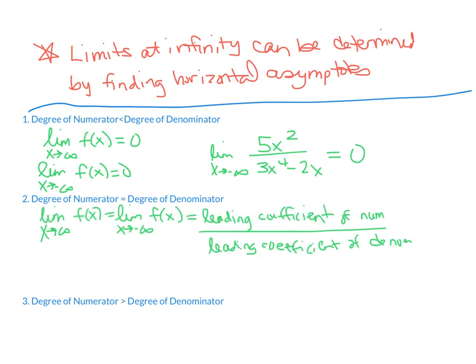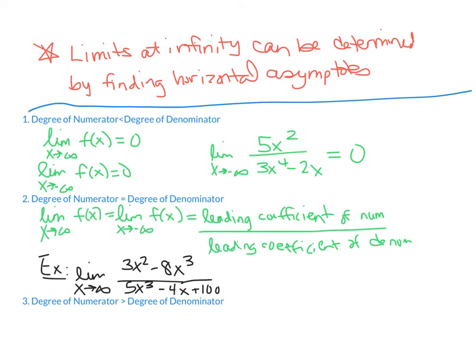If you take the limit of this type of function as x approaches either infinity or negative infinity, your answer will just be the leading coefficient of the numerator over the leading coefficient of the denominator. So in this example, the leading coefficient of my numerator is -8 and the leading coefficient of the denominator is 5. So my limit will be -8/5.